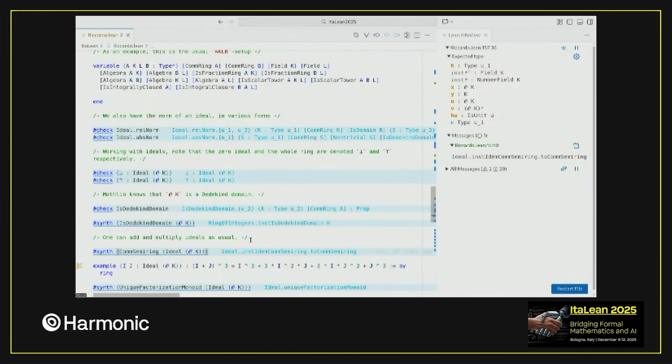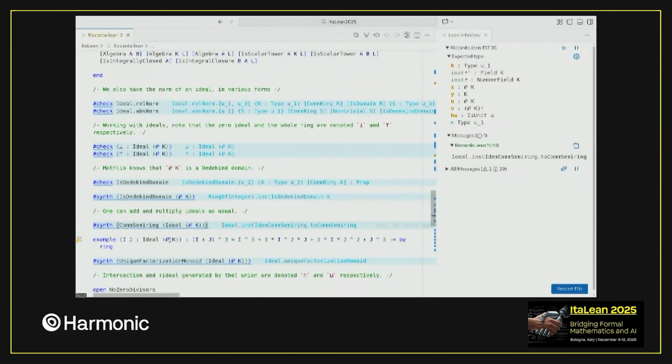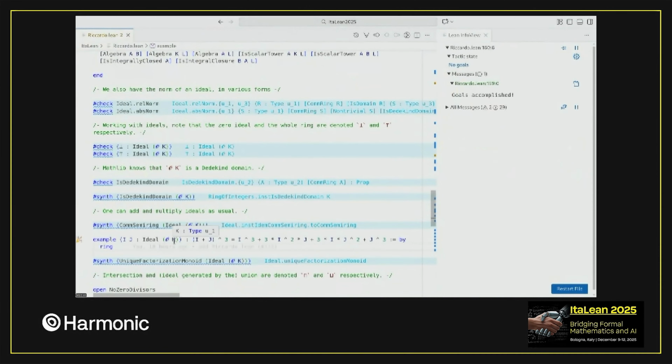So ring will do it. Ring doesn't know anything about ideals, but this set is a commutative semiring, so ring is able to do computation in that. Here I computed the cube of I + J, and you see it's done by ring. The name is ring, but it also works in semirings.